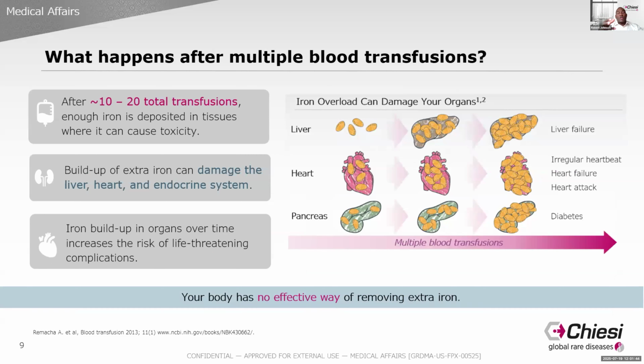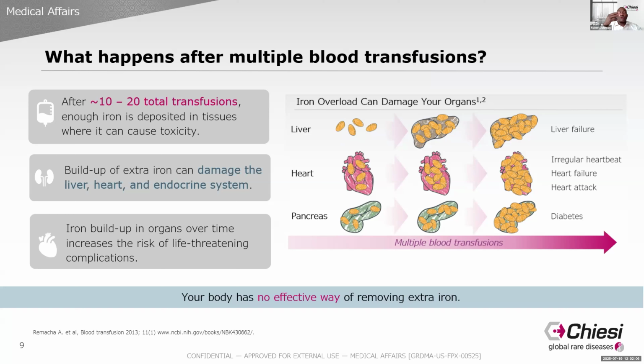So when you're getting these blood transfusions, what are we actually talking about when it comes to iron overload? We've gone over this in our last section, but after about 10 to 20 transfusions, over the course of a lifetime, this is not just a one-shot deal. The iron doesn't go anywhere.